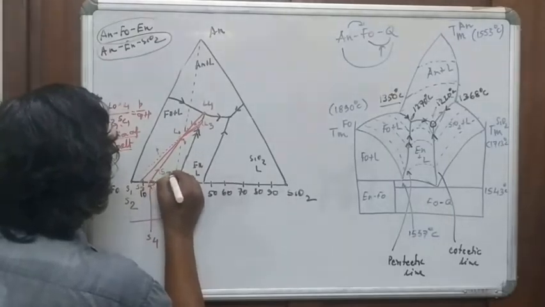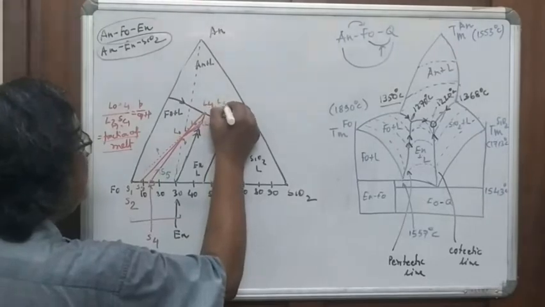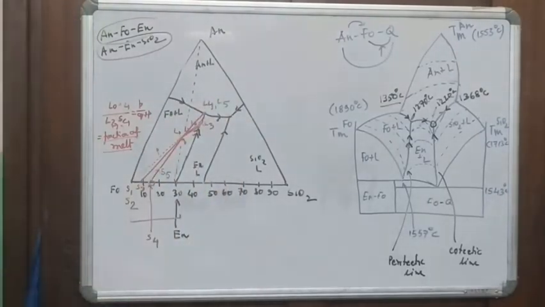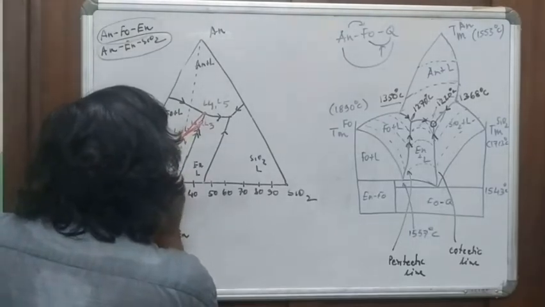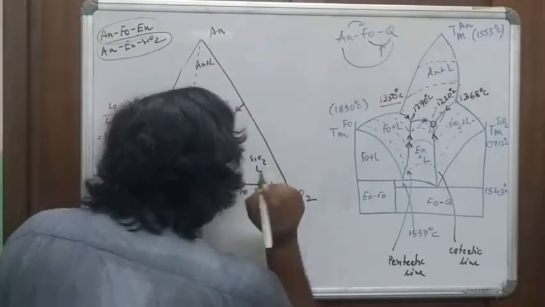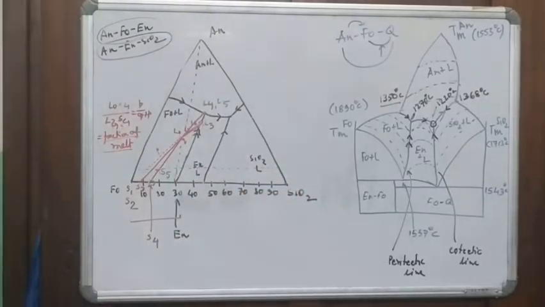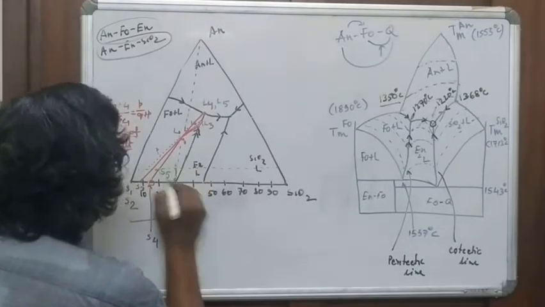So you have S5. L5 will continue to be. Okay? Now, I draw a line at S5. Okay? And this is the line to anorthite 30.